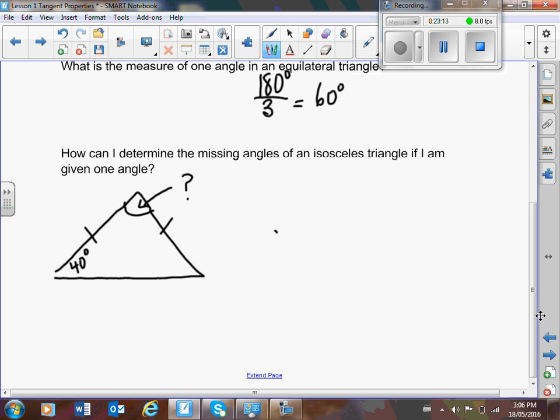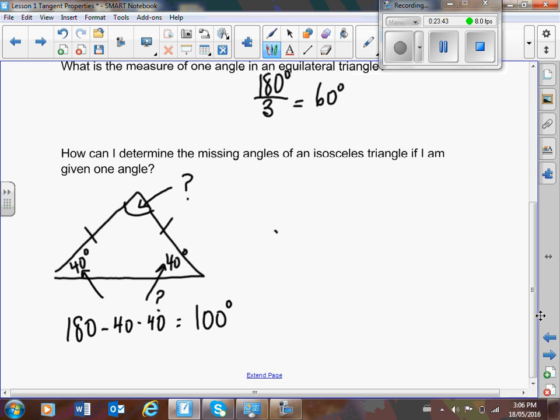If I know that this angle is 40 degrees, and this is an isosceles triangle, then that angle also has to be 40 degrees. Now that I know that bottom angle is 40 degrees, I'm left with my top angle. I'm going to do 180 minus 40 minus 40, or 180 minus 80, whichever you want, to end up with 100 degrees.